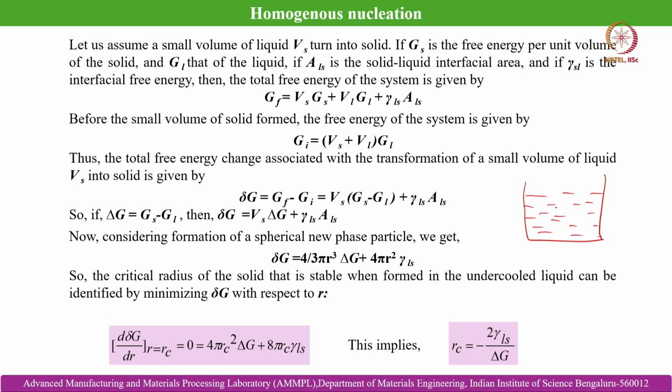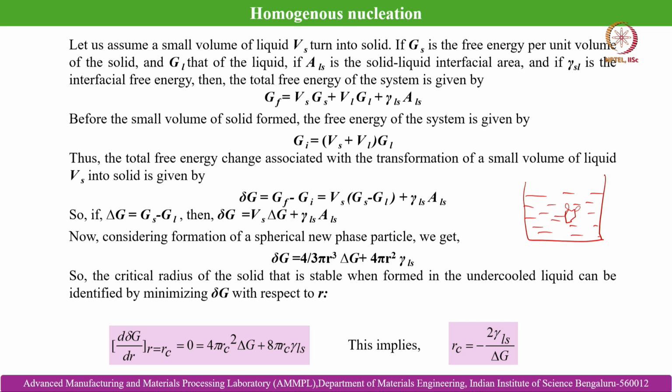But in heterogeneous nucleation, we add some preferential sites or impurities or grain refining modifying agents within the melt, which provide preferential sites for nucleation of the evolving primary grains. So, this is the major difference between homogeneous and heterogeneous nucleation.